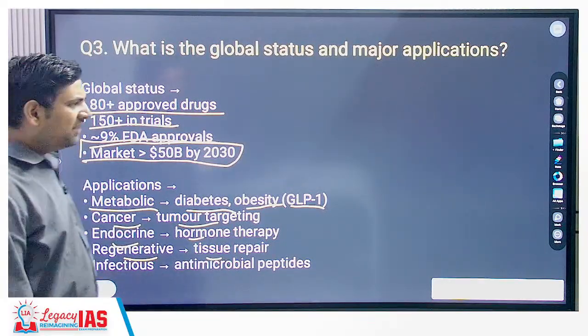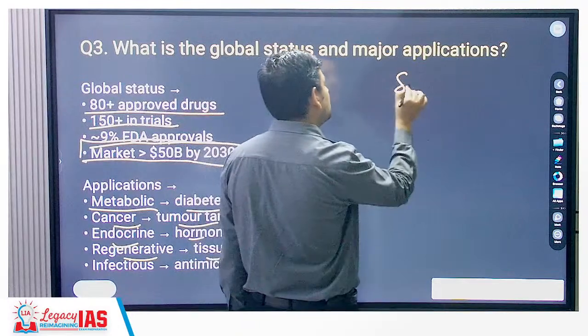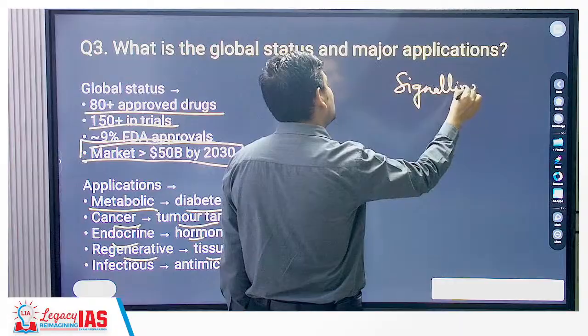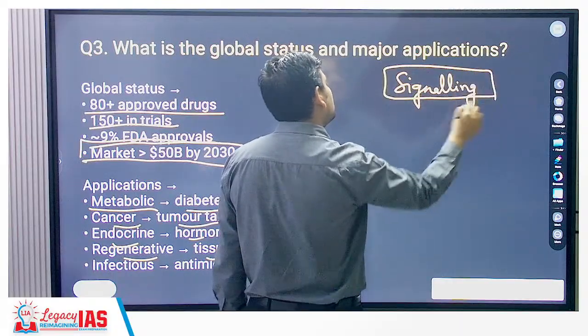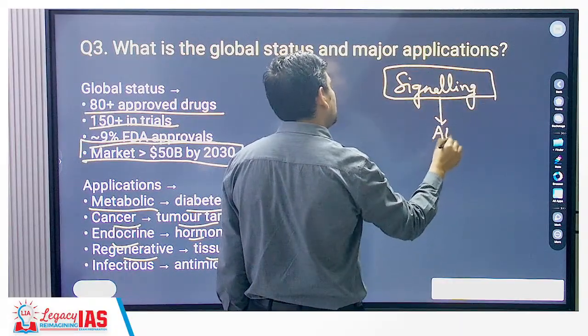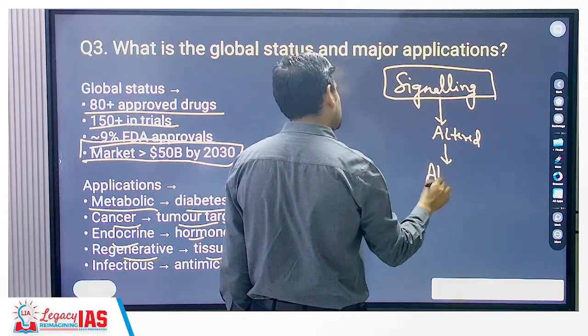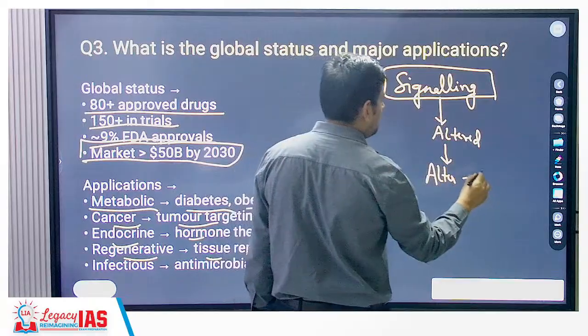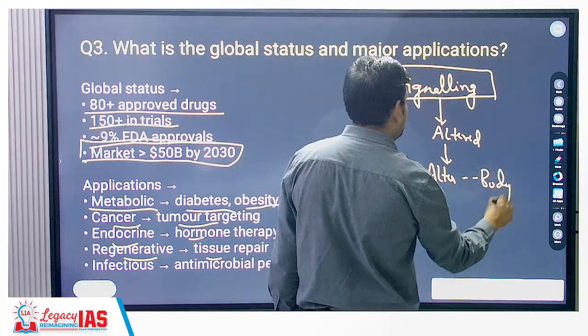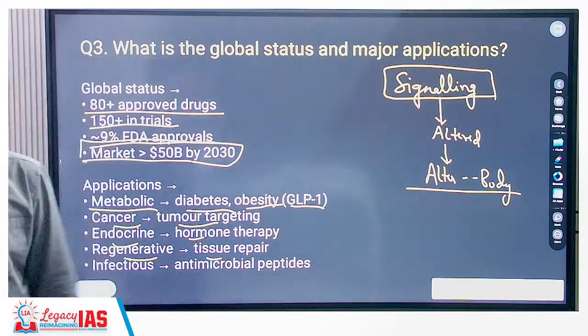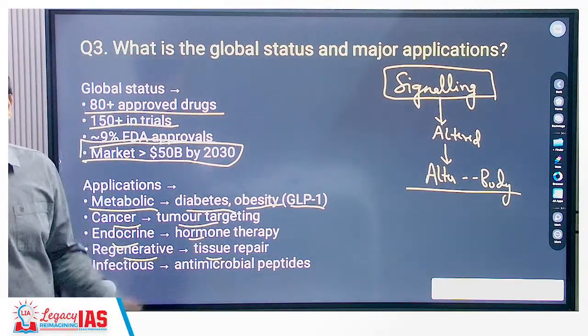All these are ultimately, everything your body does is because of some form of signaling. Now if this signaling can be altered, then essentially you can alter what is happening in your body, whether it is to repair something, whether it is to cause some different kind of things in your body, everything can be done.